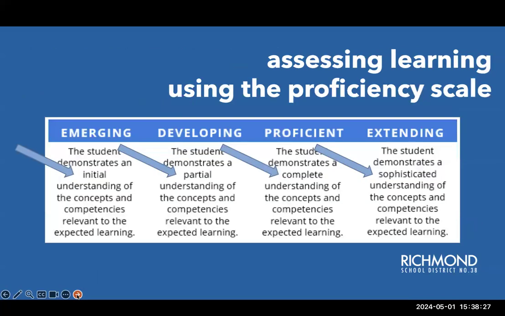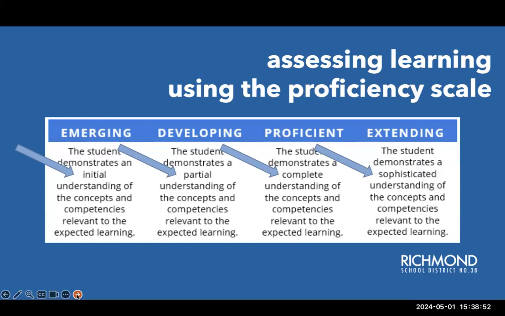So when we look at our proficiency scale, that we draw upon for providing descriptive feedback, as well as instructional planning, as well as assessing and evaluating. The emerging stage is really that initial understanding of concepts and competencies. Developing has some or partial understanding of concepts and competencies. Proficient is complete, and that doesn't mean complete in general.